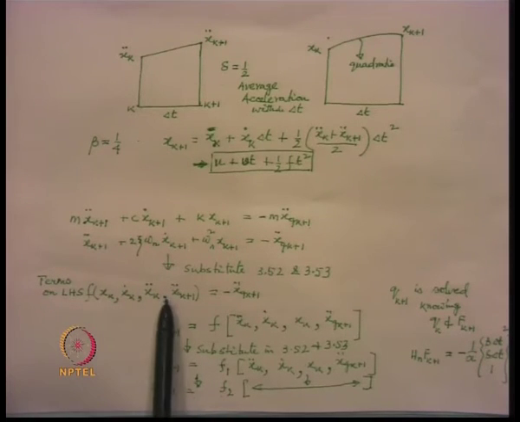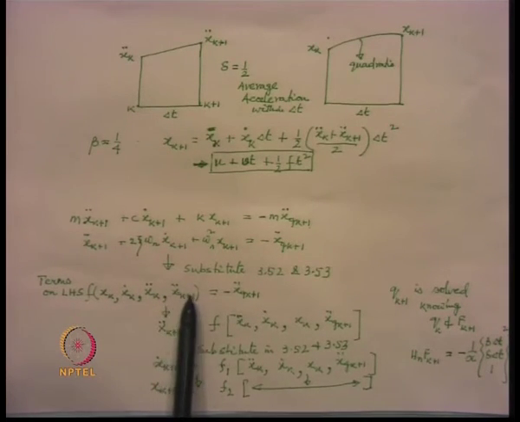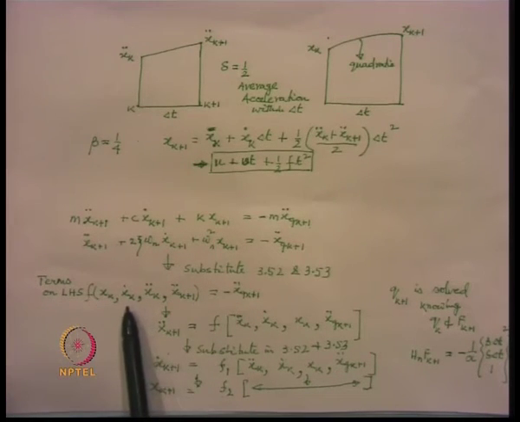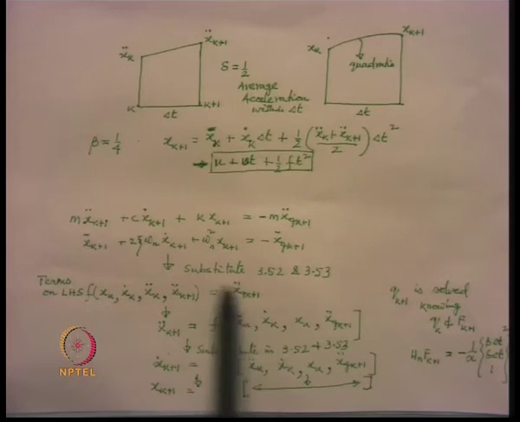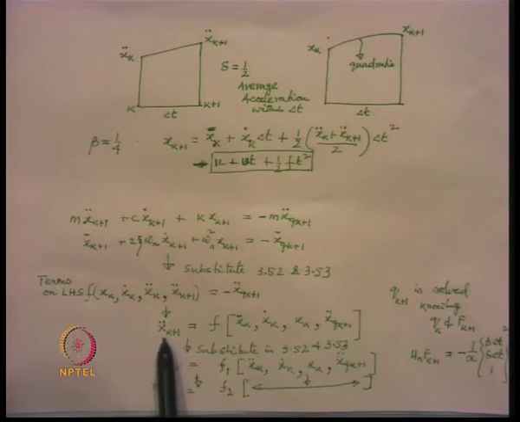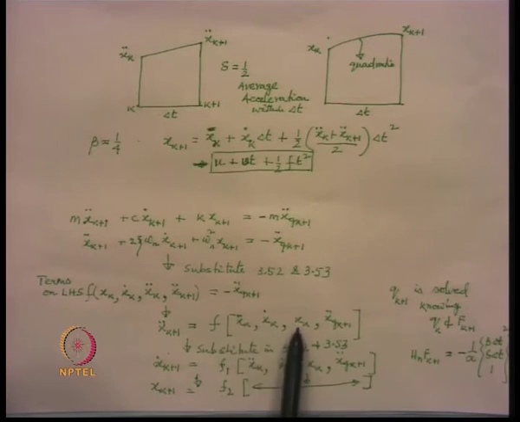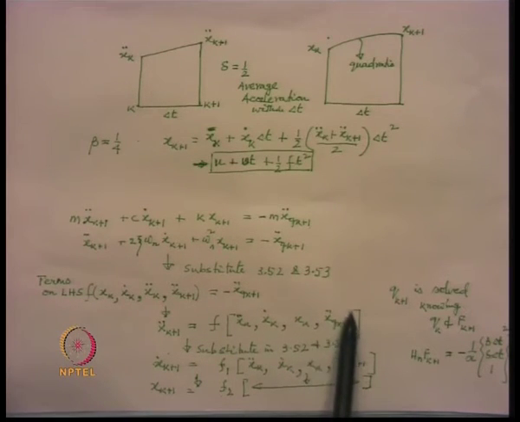This acceleration x double dot k plus 1 is not known to us. Therefore, from this equation one can find x double dot k plus 1, and this will be a function of the known quantities, that is the acceleration, displacement and velocity at the previous time step, and the ground acceleration at time station k plus 1.